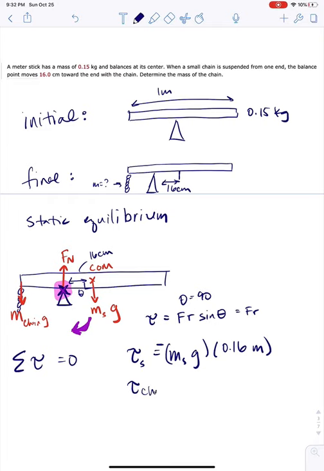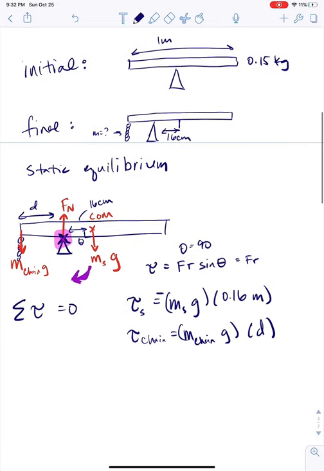And then we've got the torque from the chain. That equals mass of our chain times G times the distance to the chain. This distance here. So we know that our stick is 1 meter long. The center of mass is at its center.